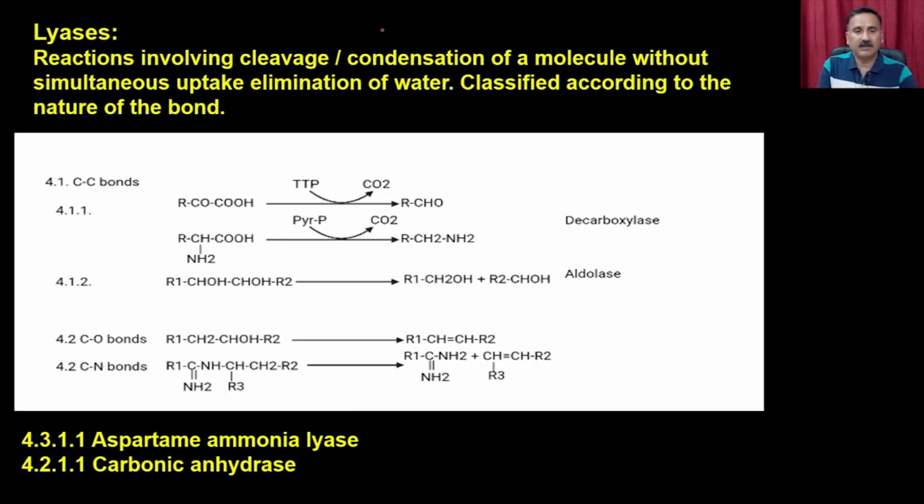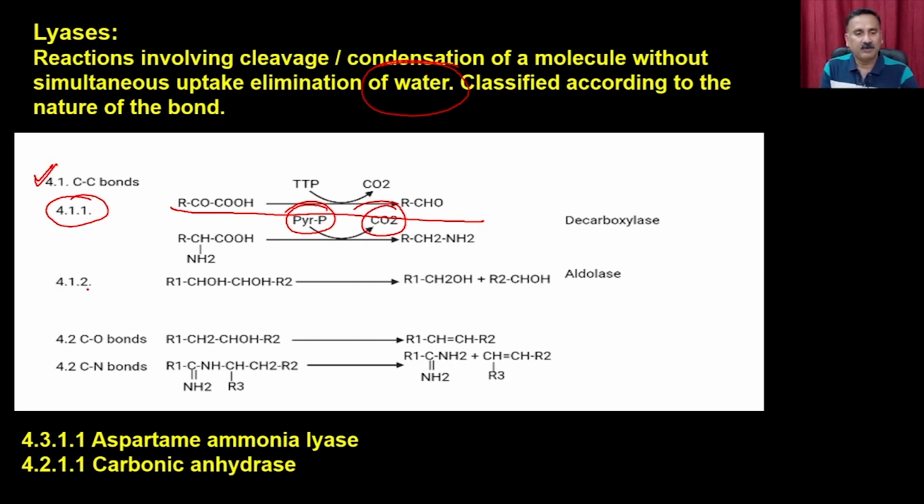What reactions do they catalyze? Reactions involving the cleavage or condensation of a molecule without the help of water are part of the lyases. For example, 4.1.1 catalyzes this reaction; they utilize pyridoxal phosphate, and that is how they catalyze decarboxylation reactions.